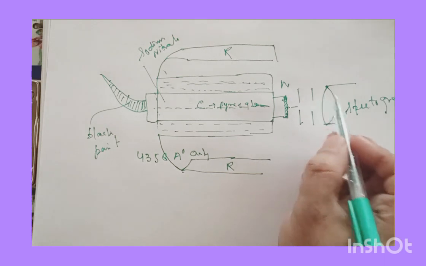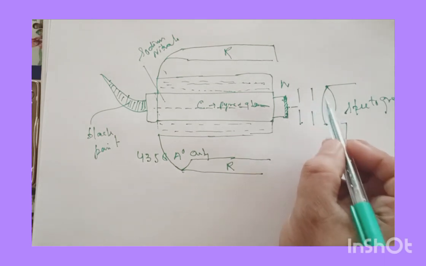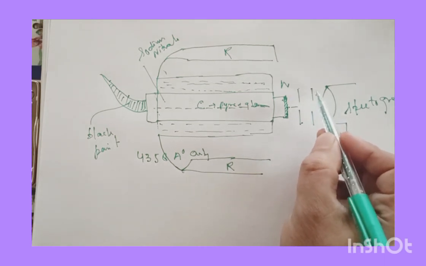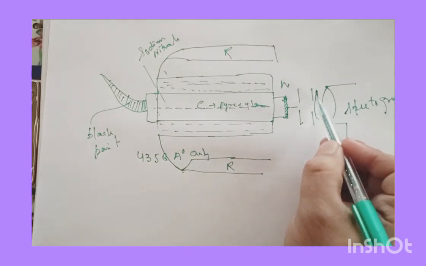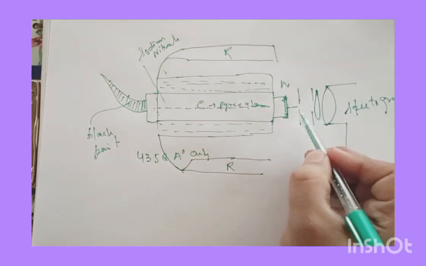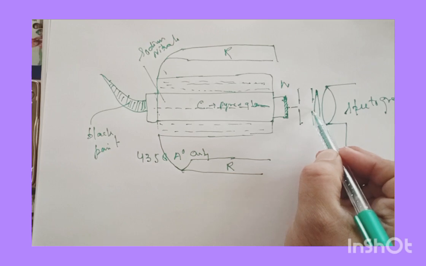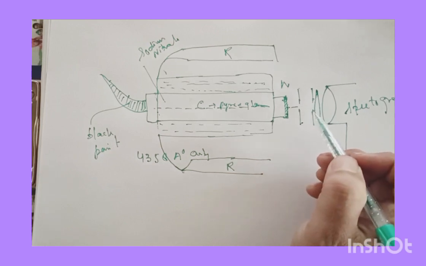This focusing is done by the lenses, and these are the collimators where we can have the focused beam.